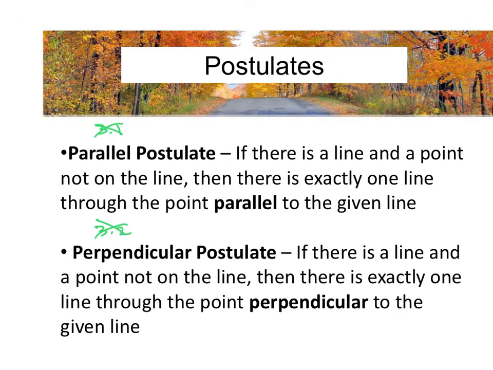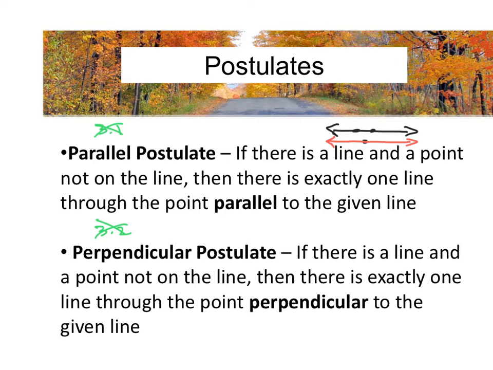So let's say we have this line, and then we have another point, and it says if there is a line and a point not on the line, so here's my next point, then there would be exactly one line that you could draw through that point that would be parallel.